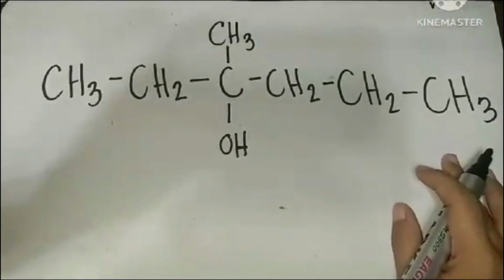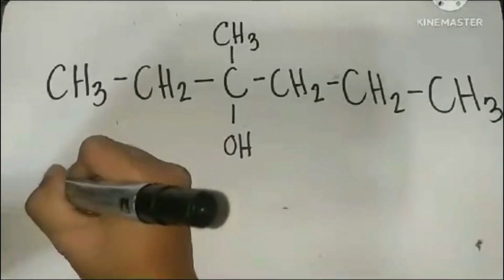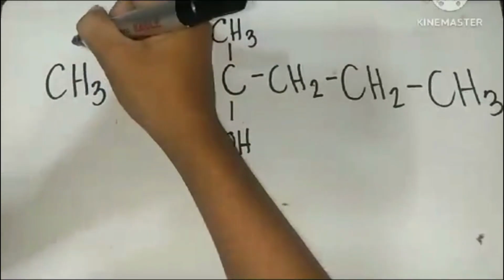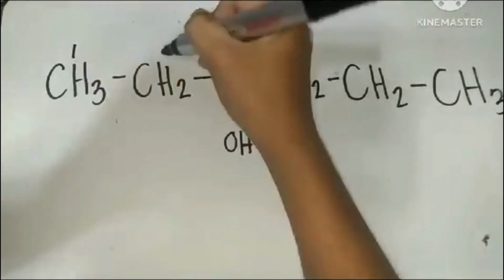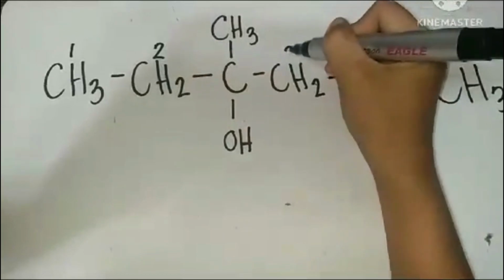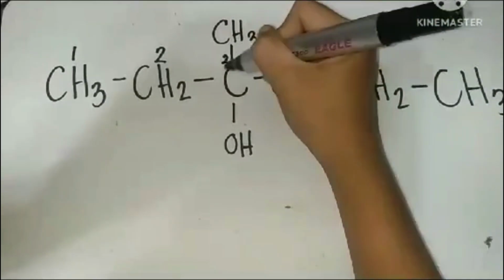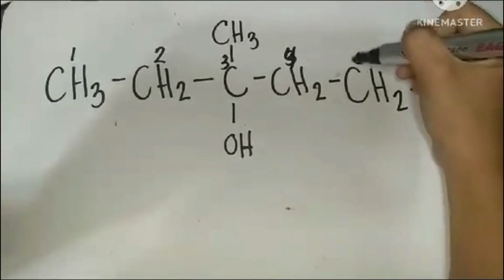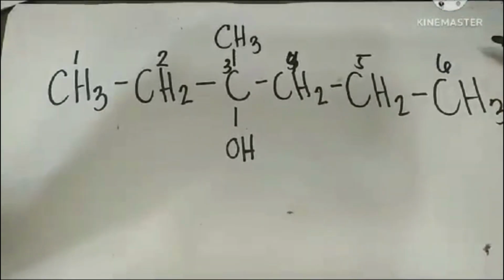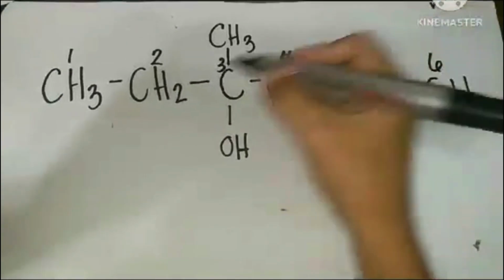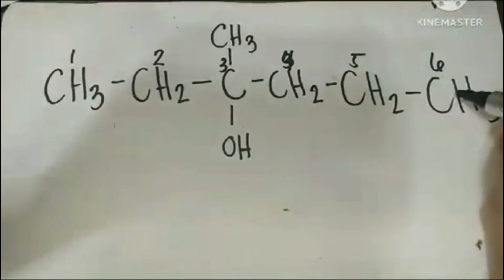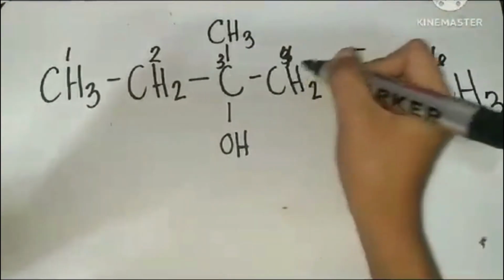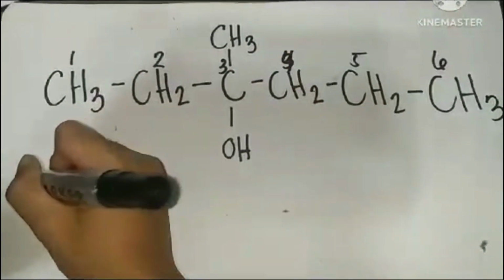Now the first step is to locate the longest chain that contains the hydroxyl group. Step 2 is to number the carbon chain. Now we will count from left to right since the hydroxyl group is located in carbon 3. The given rule is to position the hydroxyl group at the smallest carbon number. 1, 2, 3, 4, 5, 6.